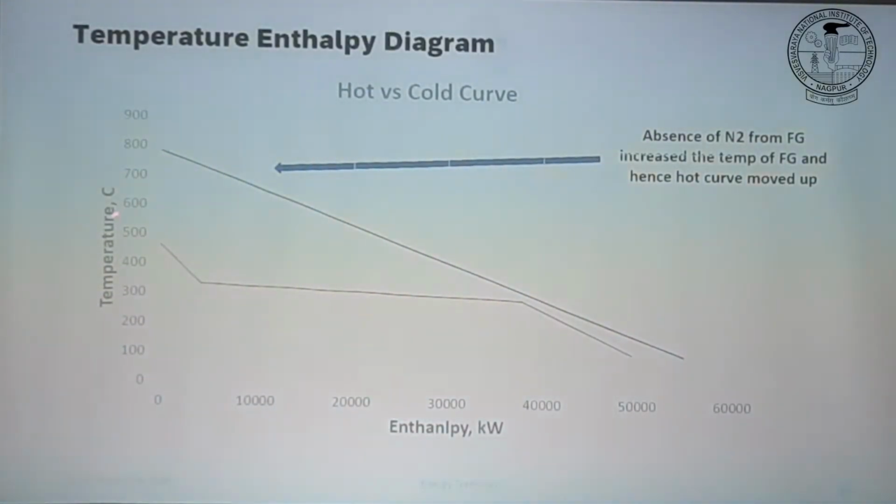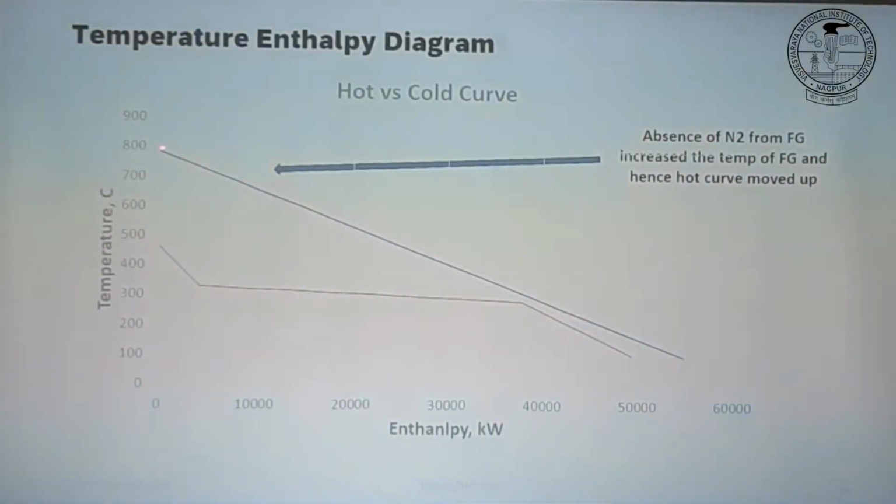The total area of the heat exchanger can be calculated by dividing it into different elements. If I take a small element and have a very small pinch, my temperature difference is very small. You could imagine very small duty transferred, but a huge amount of area required.